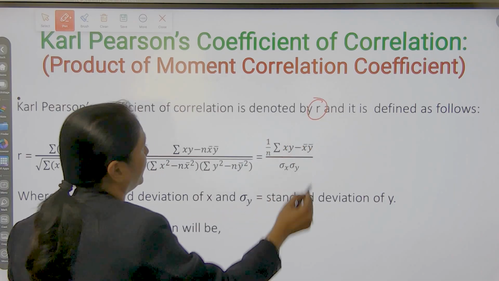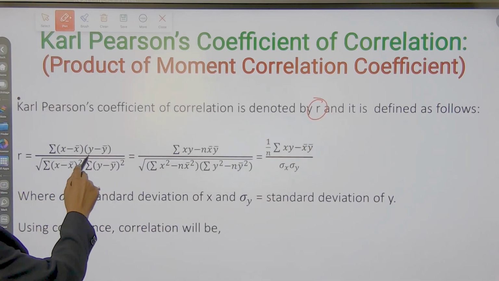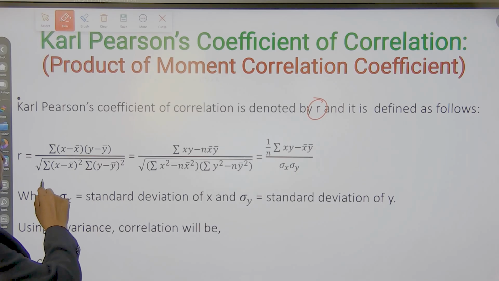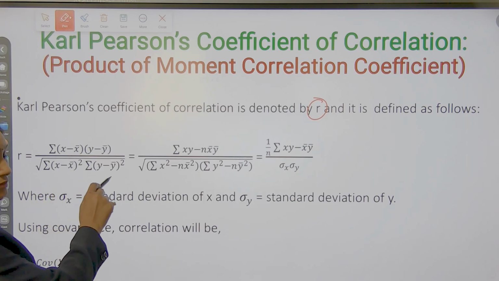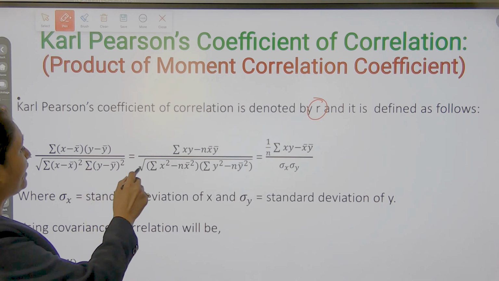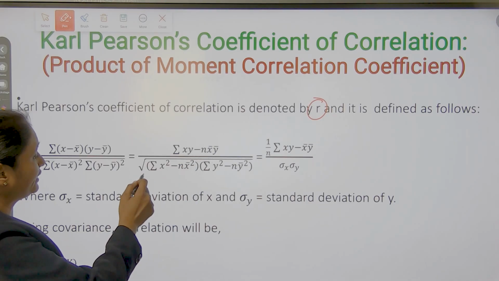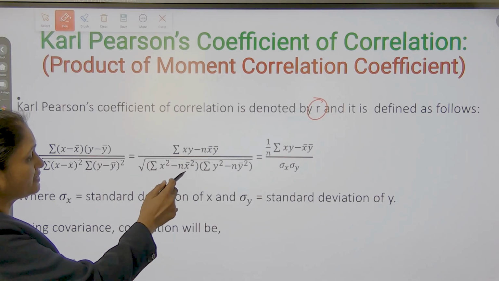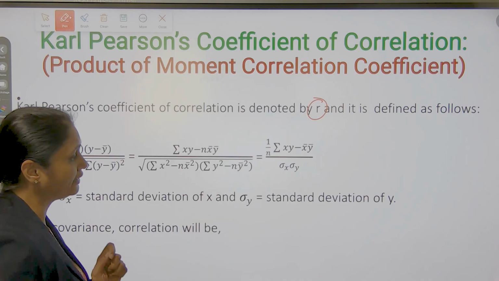It is defined as r is equal to summation x minus x bar into y minus y bar upon square root of summation x minus x bar square into summation y minus y bar square. Again, it is simplified as summation xy minus n into x bar y bar divided by square root of summation x square minus n x bar square into summation y square minus n y bar square.